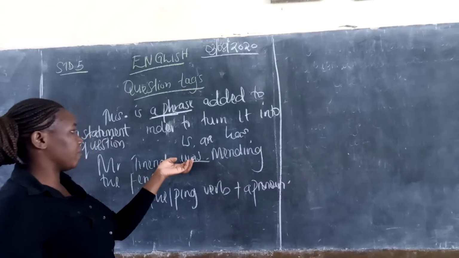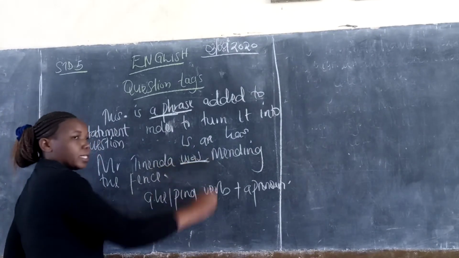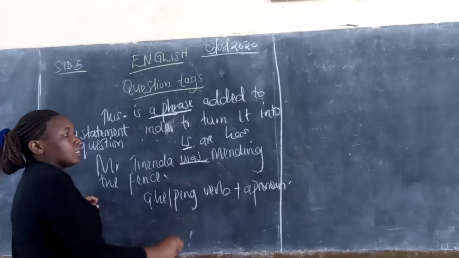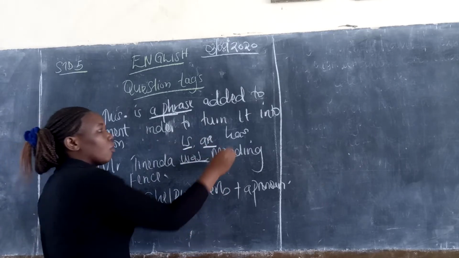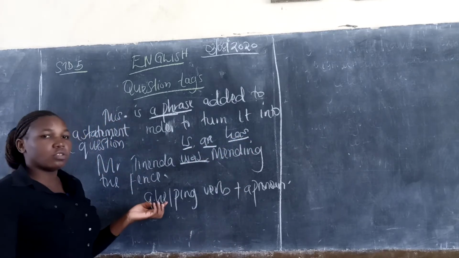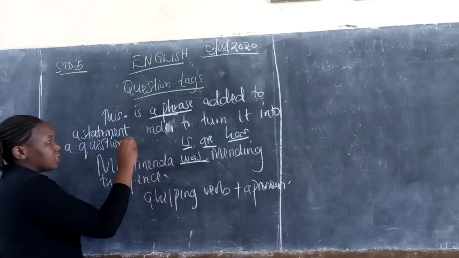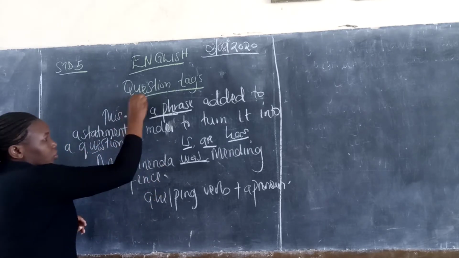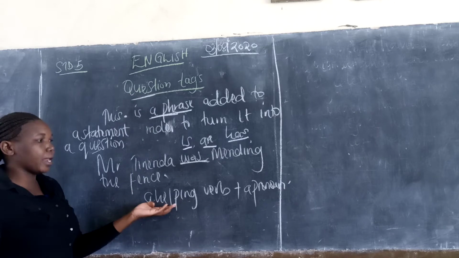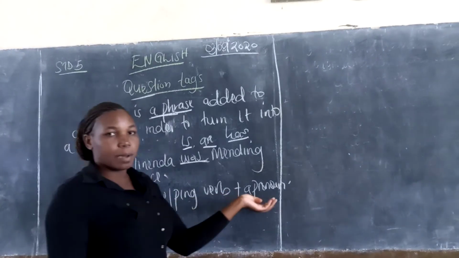All those are helping verbs. So this question tag is always formed by a helping verb plus a pronoun.